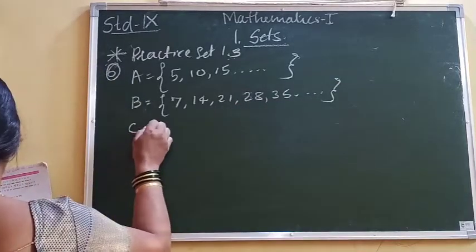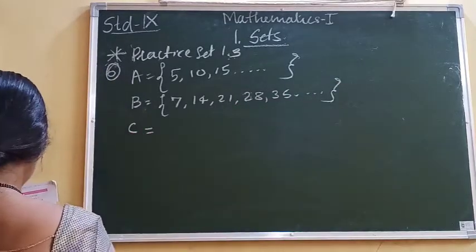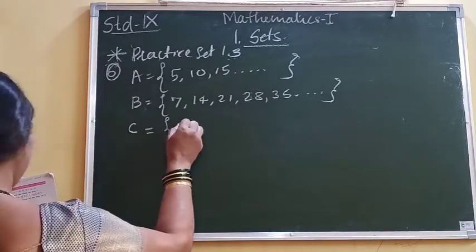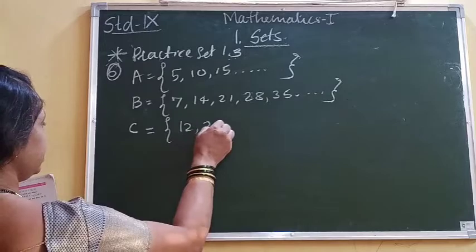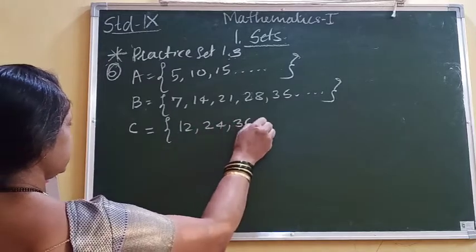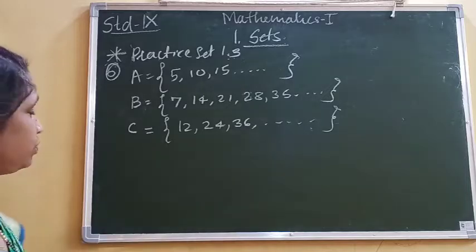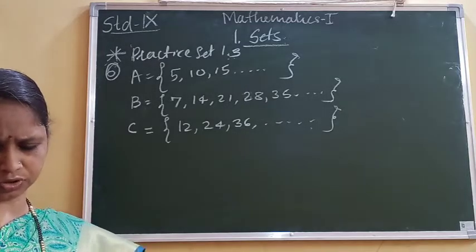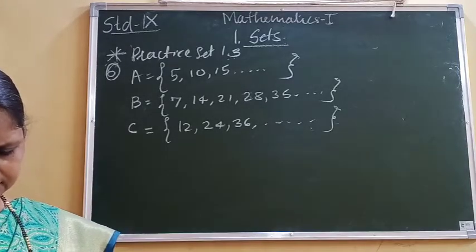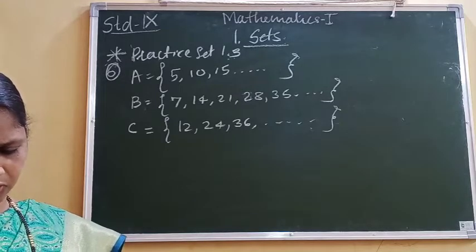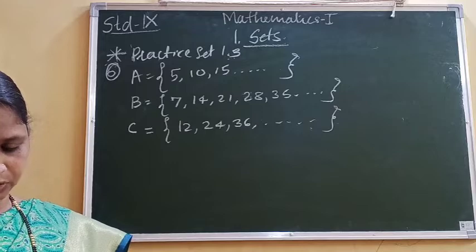And C is a set of multiples of 12, means 24, 36. Okay, so this is what is given. So in the sixth question what do we have to write? You have to write the set of numbers that would be the universal set for the sets given below.